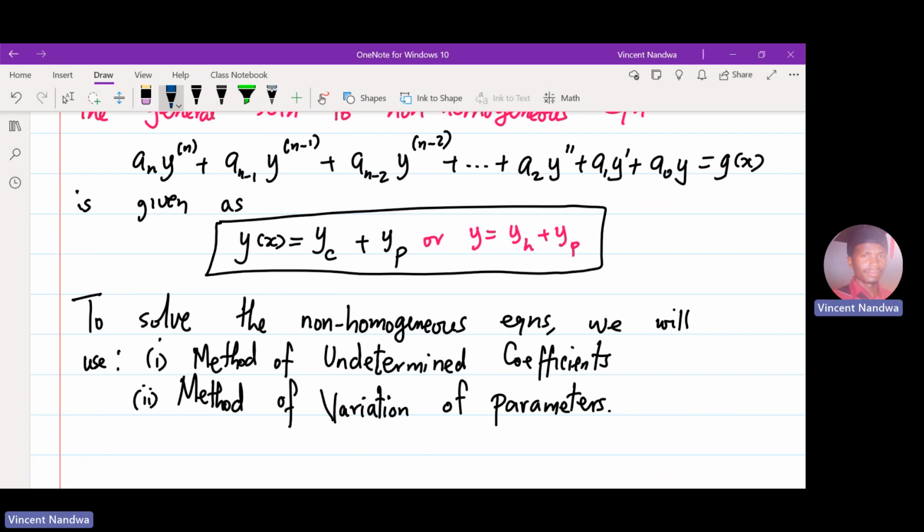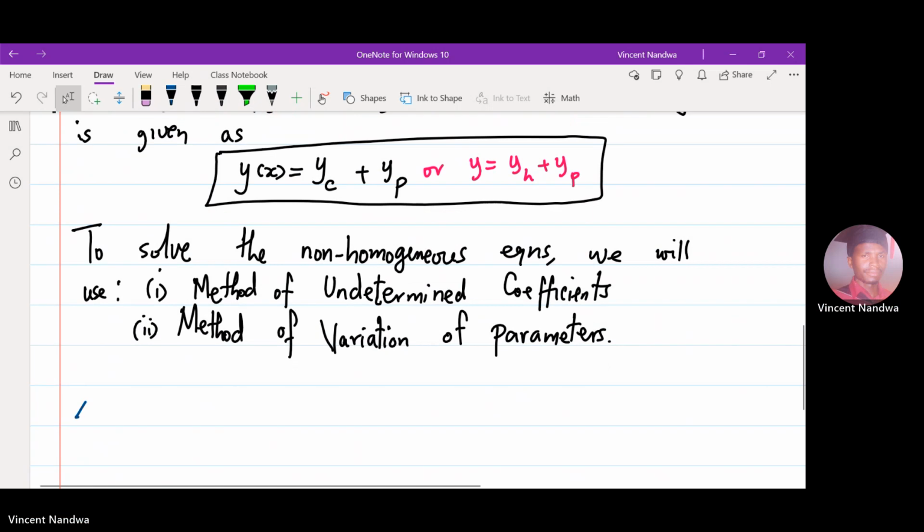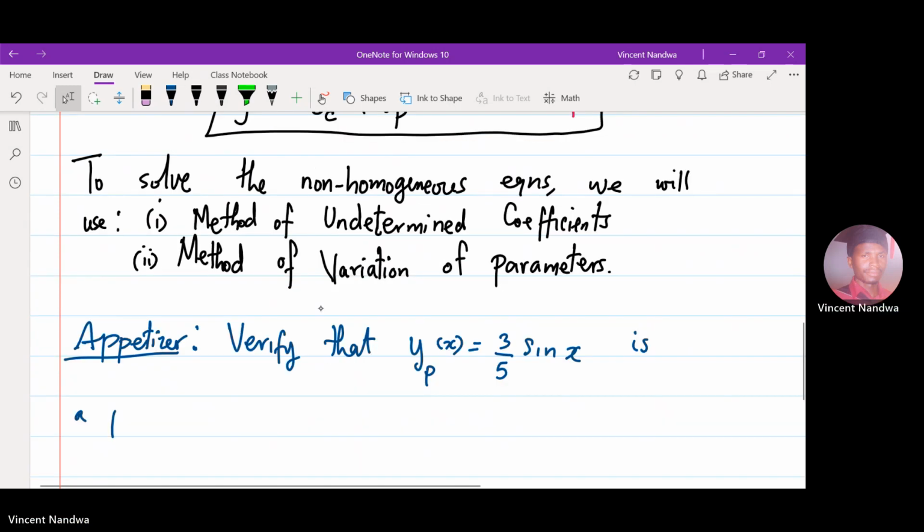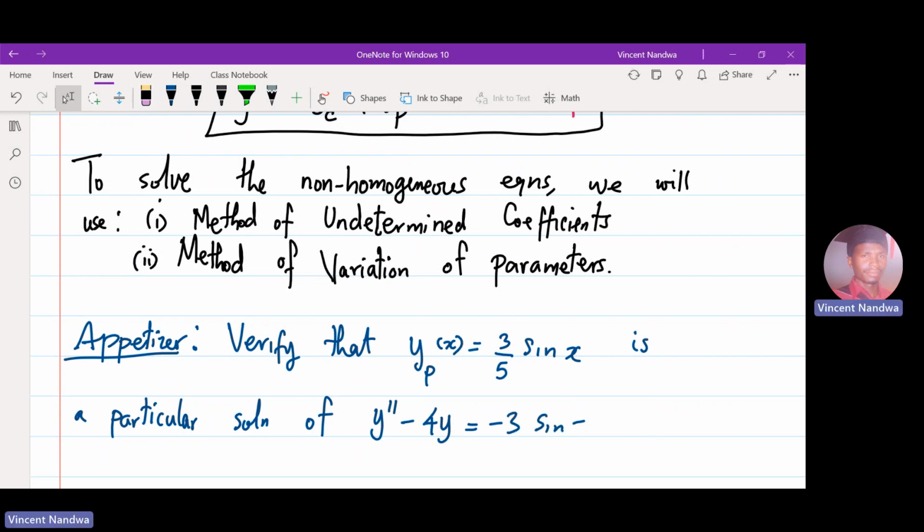So before we narrow down to each of them, let's verify that y_p of x given by 3/5 sine x is a particular solution of the differential equation y double prime minus 4y equals minus 3 sine x.